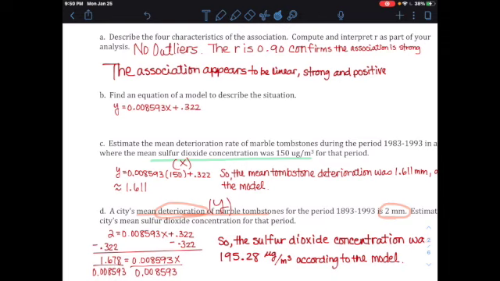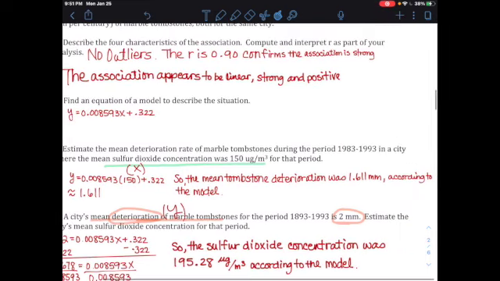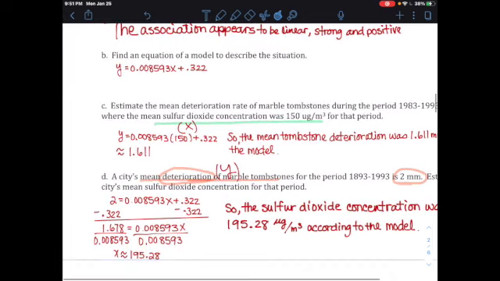Sulfur dioxide is going to go in as X because that's how much sulfur dioxide in the air erodes the tombstone. So that's going to be the X. When I did my calculation, punching the calculator, it is about 1.6. The answer is, the mean tombstone deterioration was 1.611 millimeters according to the model. So that's how much it deteriorates.